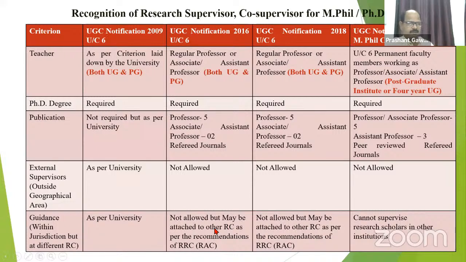During 2016, it is not allowed, but may be, because a supervisor may be attached to another RC as per the recommendations of the RRC.